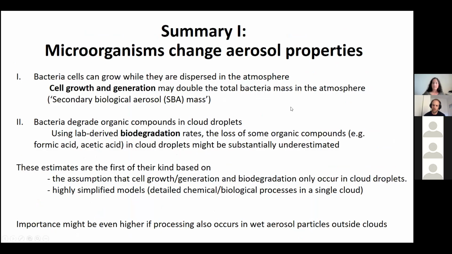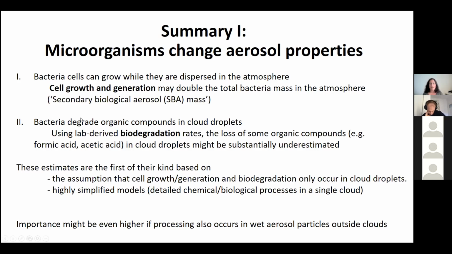So far, I talked about microorganisms and how they change aerosol properties. Let me quickly summarize. There are two major processes: cell growth and generation, forming secondary biological aerosol mass. We think it might be an efficient source of biological or bacteria mass in the atmosphere under good, ideal conditions.